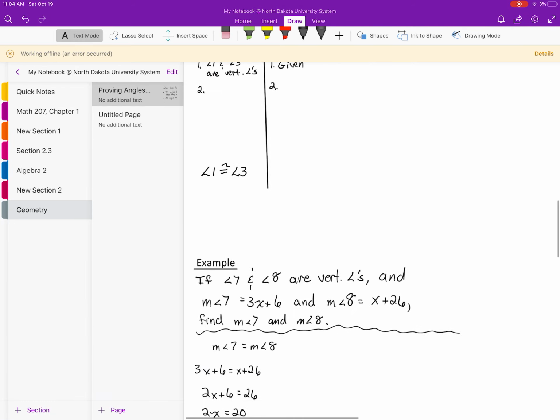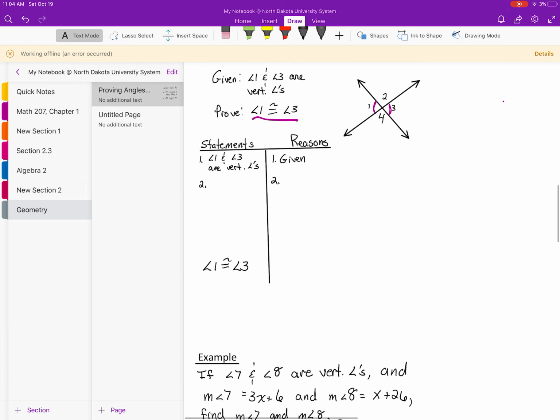But I don't see, oh my goodness, I don't see how we can get from the last step. What do you guys think? Maybe we'll go in order. What do we get from angles 1 and angle 2 being vertical?